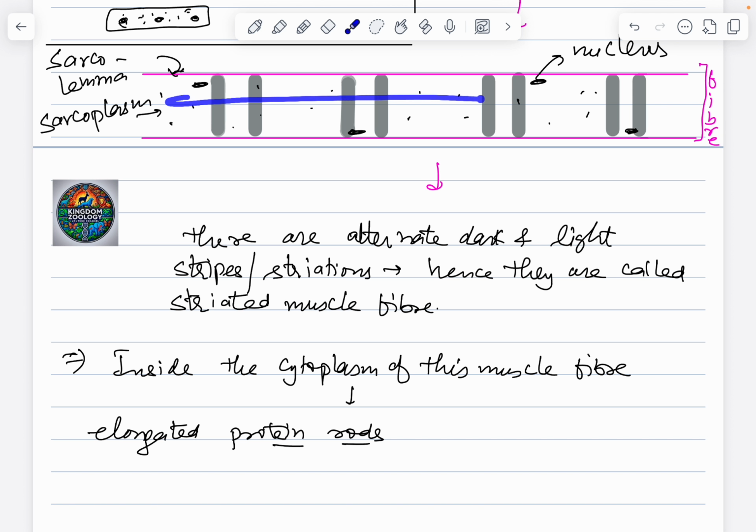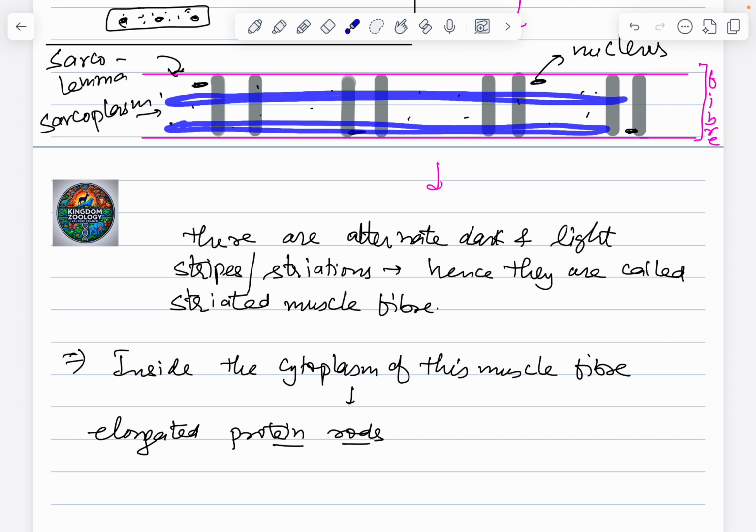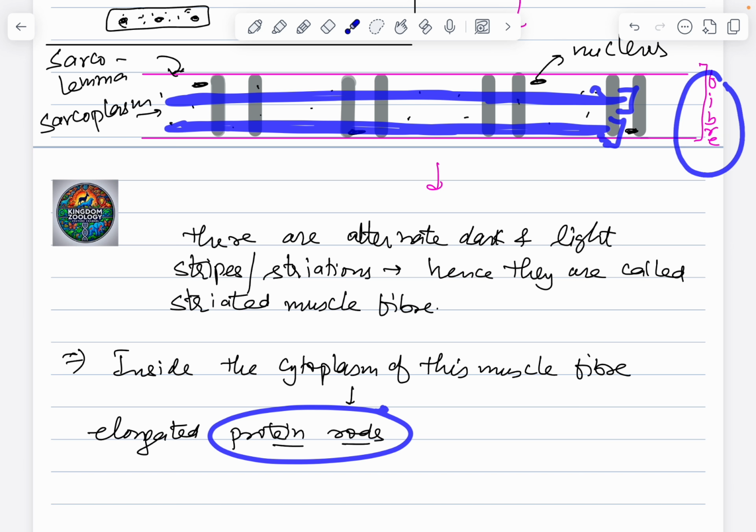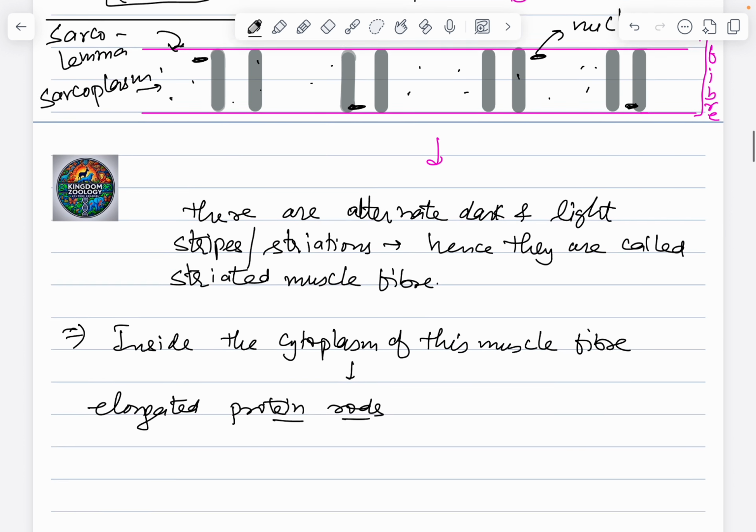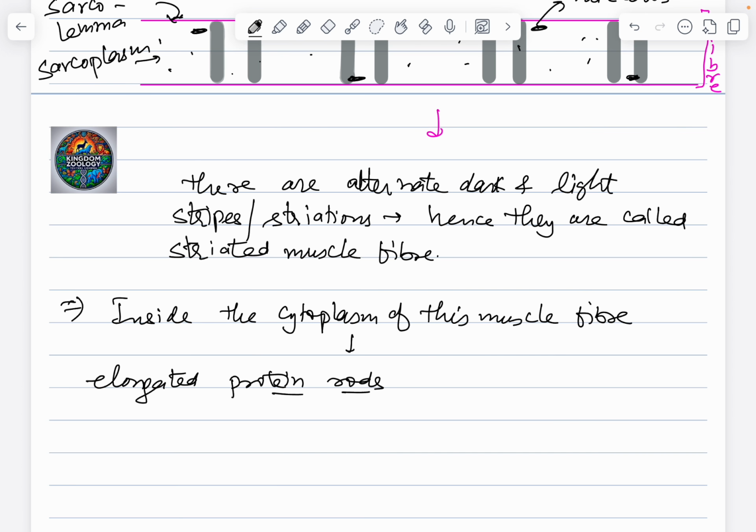Let's say there's a protein like this here. Not a single protein, obviously, but collections of many proteins, because a single protein can't be that big. This is one bundle of protein, this is the second bundle of protein. So various protein bundles are present inside the cell. These protein bundles or rods are called myofibrils, units of the fiber, fibrils, whatever you want to pronounce it as.